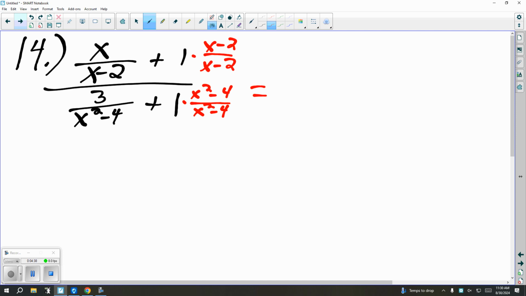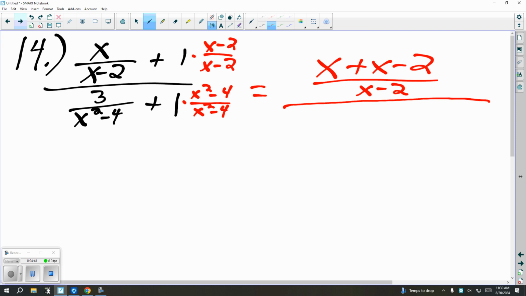So it's going to be x plus x minus 2 all over x minus 2, and then one big fraction bar, and it's going to be 3 plus x squared minus 4, all over x squared minus 4.